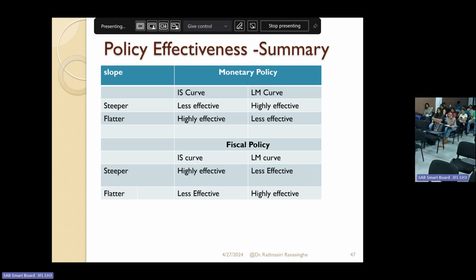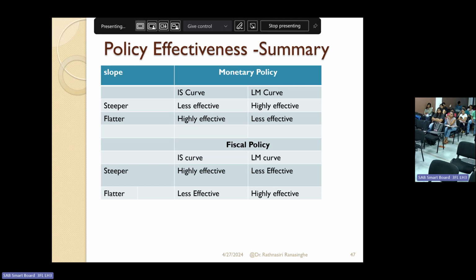And the LM curve, if it is steeper, mainly depends on the interest elasticity of money demand. So we can say that if we have a steeper LM curve, we have lower interest elasticity of money demand. If we have a flatter LM curve, that means high interest elasticity of money demand.